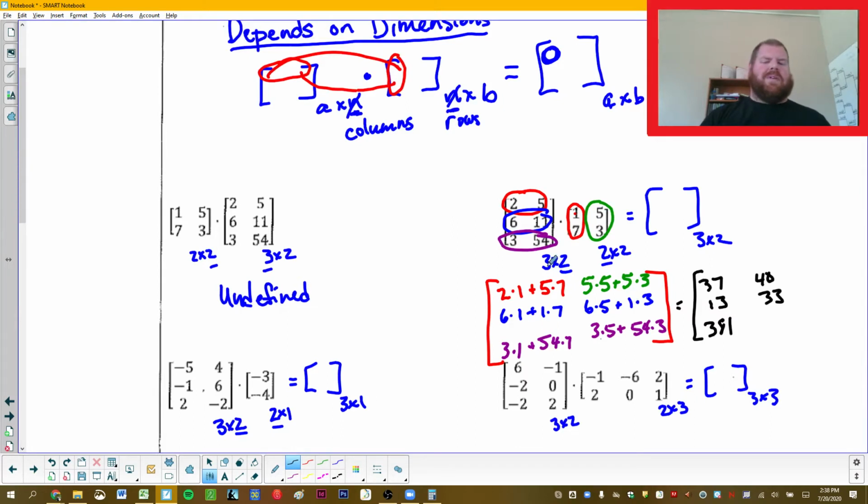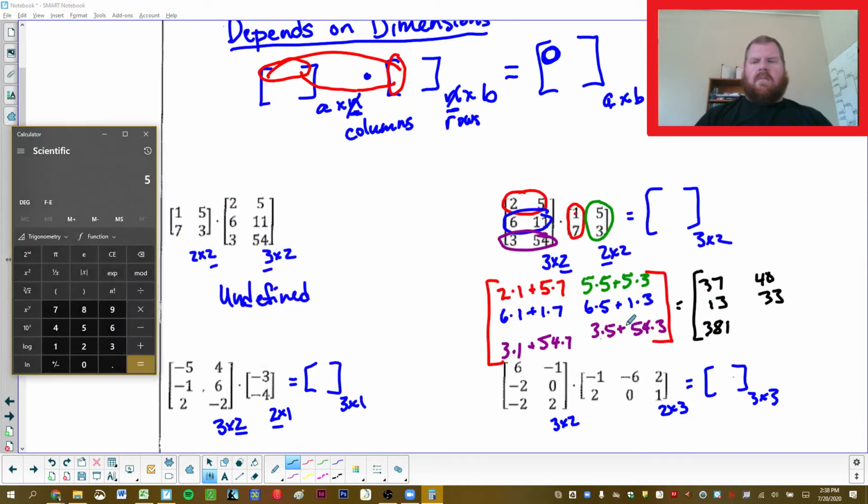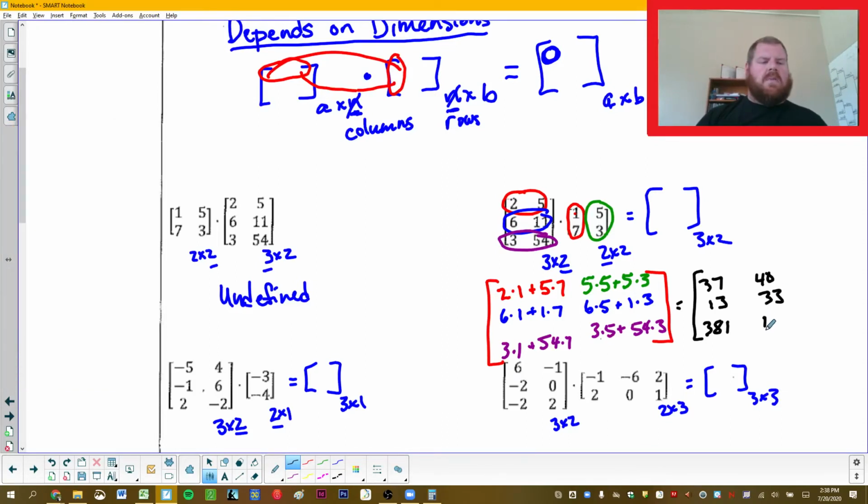I think I meant to put either 5 or 4, and it came out with both of them. Let me clean that up a little bit. That's 381. And then I'm going to need that again for 54 times 3, and we'll just add 15 to that, 177.